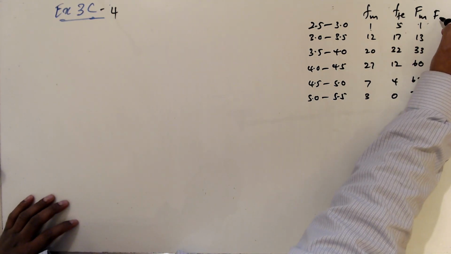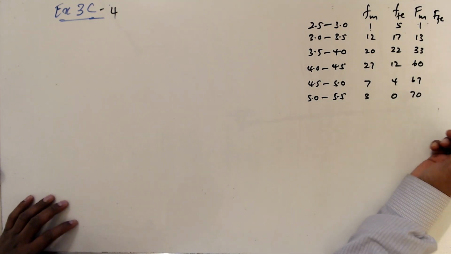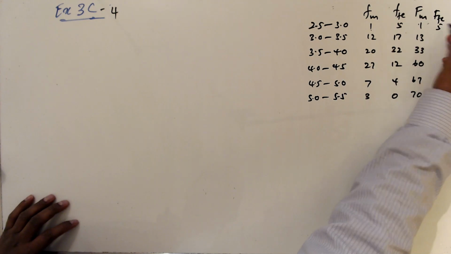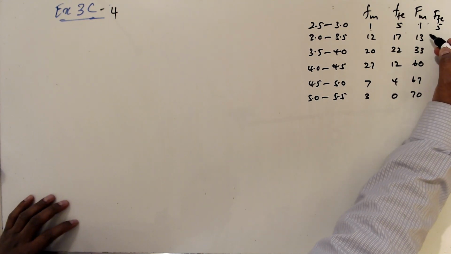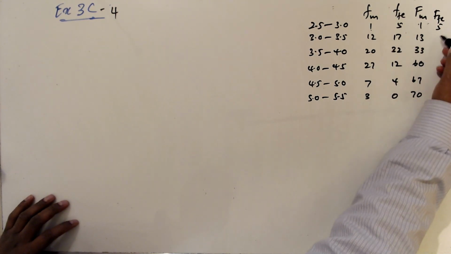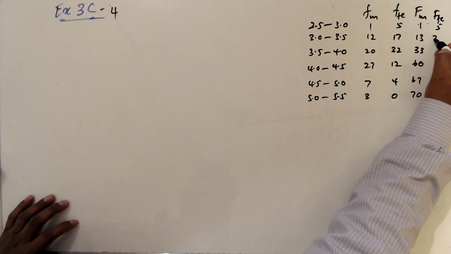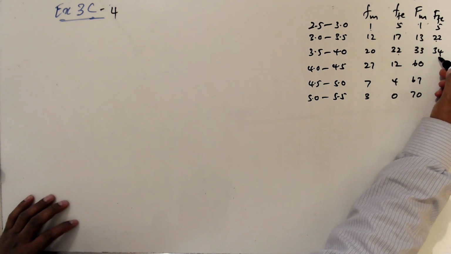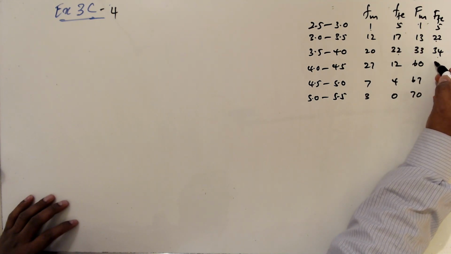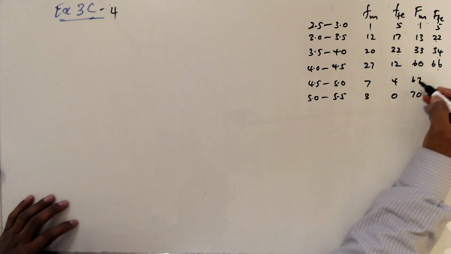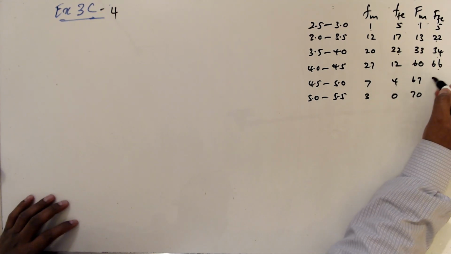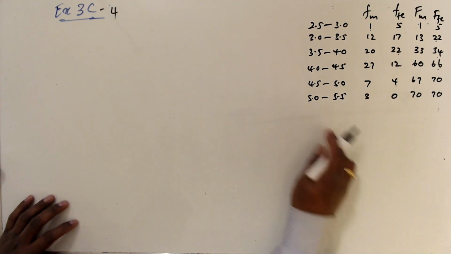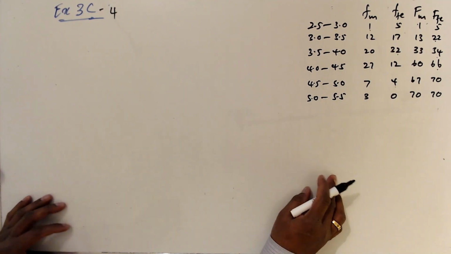And for female, this is going to be 5, and 5 plus 17, 22, 22 plus 32, 54, 54 plus 12, 66, 66 plus 4, 70, 70 plus 0, 70. So there are none in this category for female.